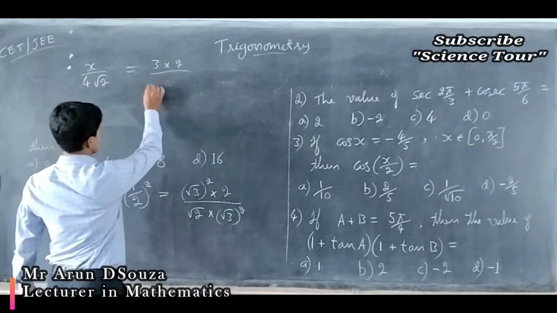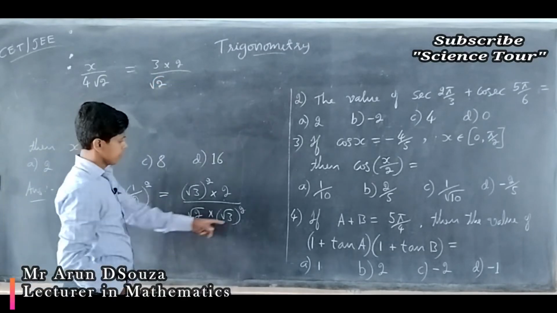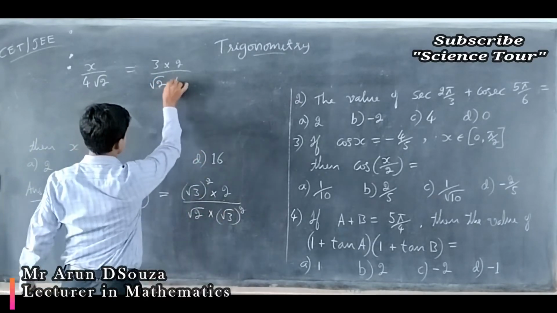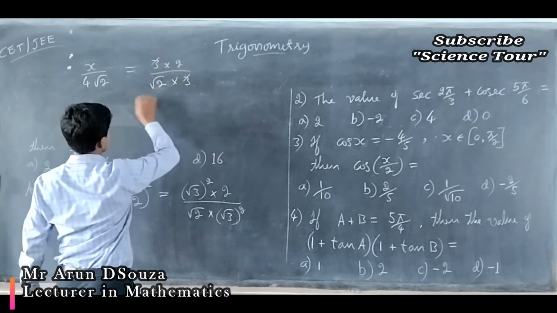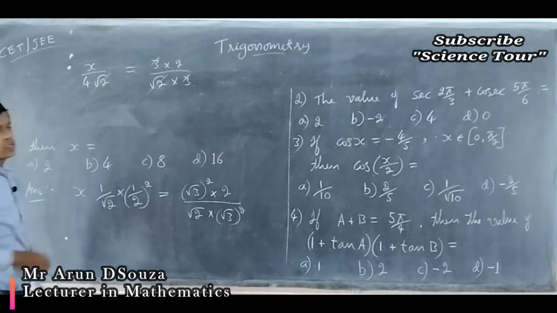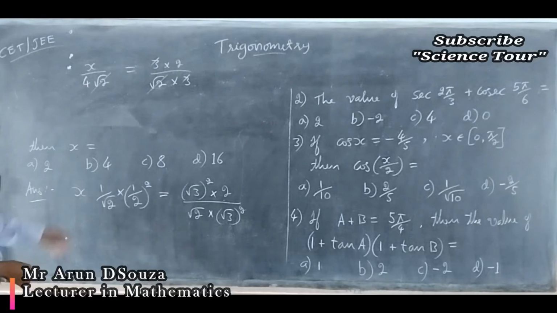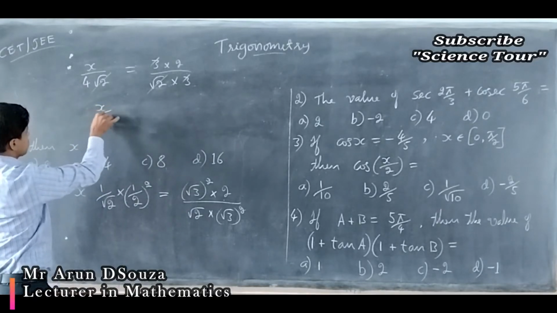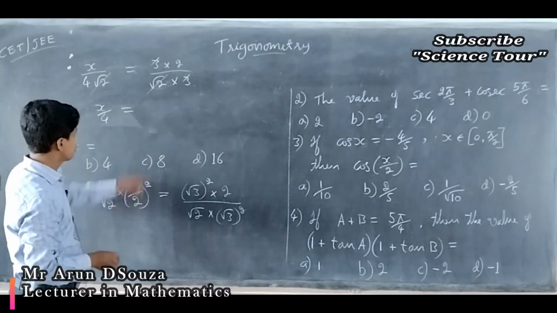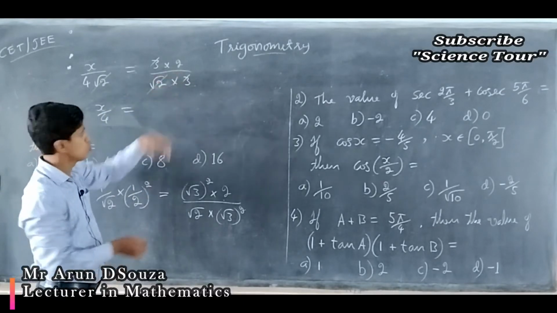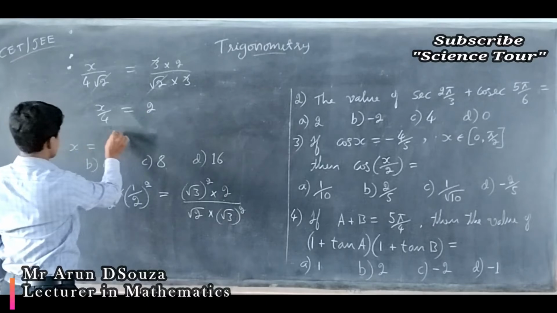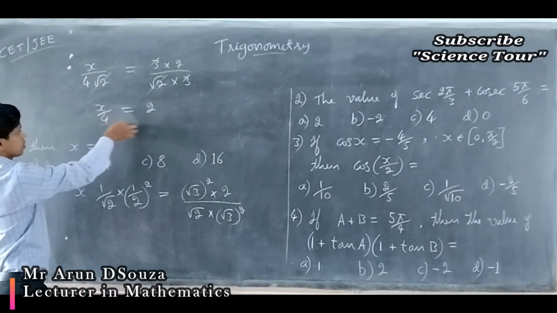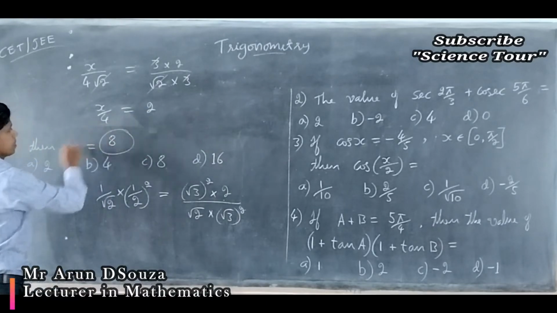Okay, and this is root 2, fine, and then root 3 square is 3. So you can straight away cancel this. This root 2 can be cancelled on both sides, correct? Alright, so what remains finally is x by 4, which is equal to 2. That's it. So therefore what is x finally? Therefore x is equal to 8.